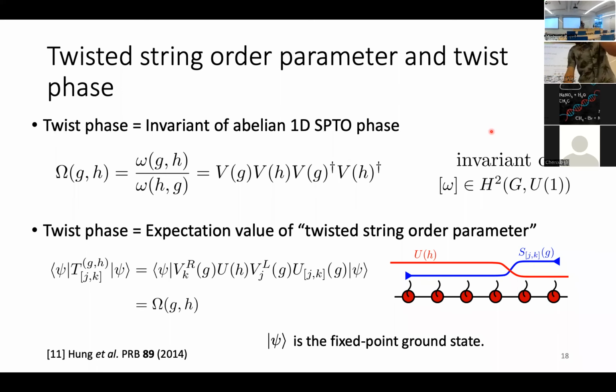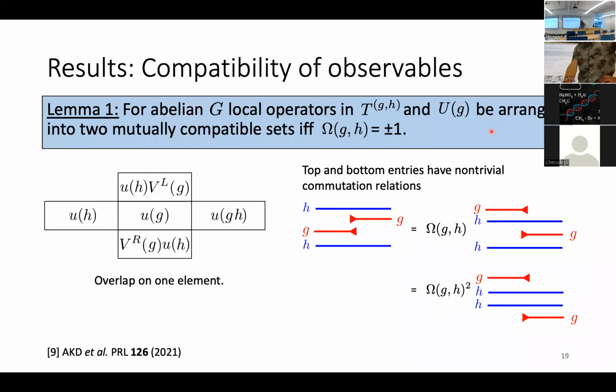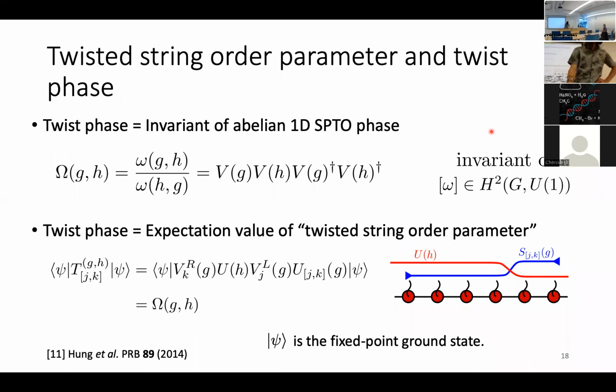Great. Okay, a little bit quick, but I understand the process. So you have the ordinary linear representation acting on the string from J to K. Then the projective representation L acting on site J. Then U of H, a different global symmetry, acting everywhere.